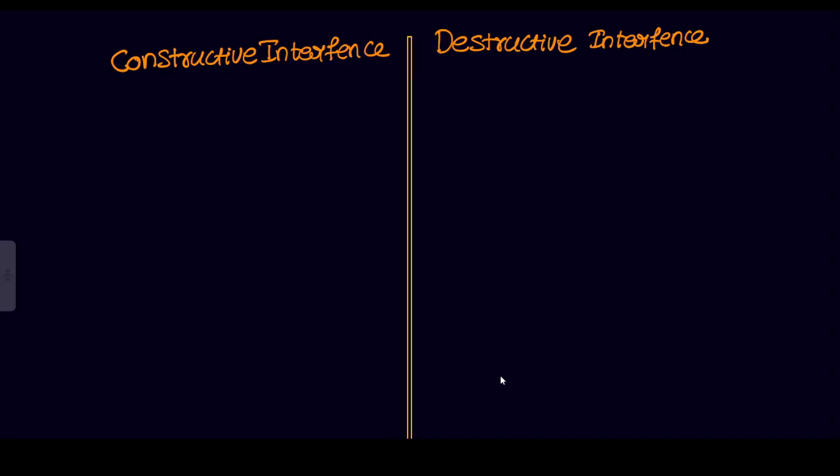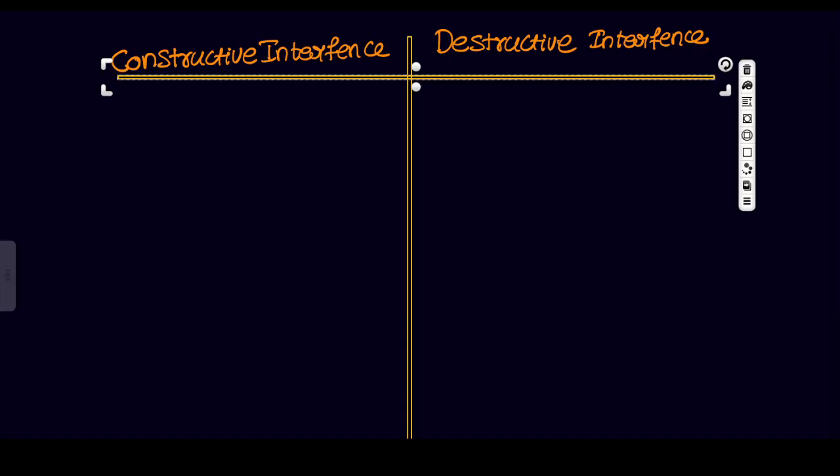Okay, see these points now. These things are very, very important. Based upon this, you will get problems. So first thing, constructive interference conditions. To have constructive interference, remember the condition for the path difference.